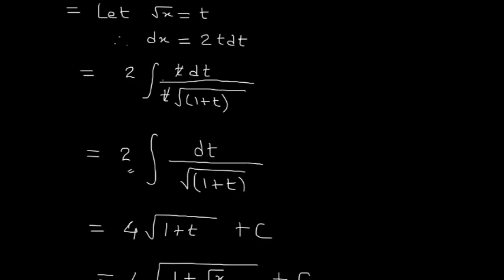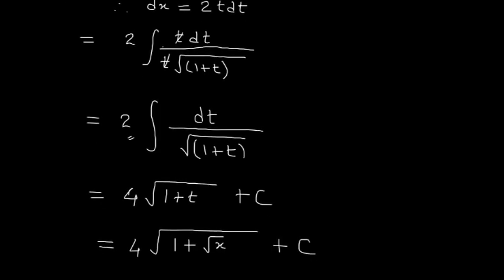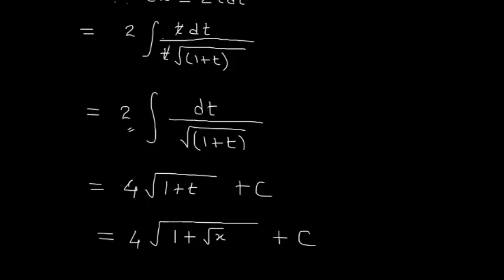Again, we get 2 integration, we have cancelled out t, and we get 2 integration of dt under root 1 plus t, which is equal to 4 under root 1 plus t plus c, which is equal to 4 under root 1 plus root x plus c. This is a sample example of how questions are asked. Tougher problems are asked in competitive examinations, but 12th boards questions are of this type.